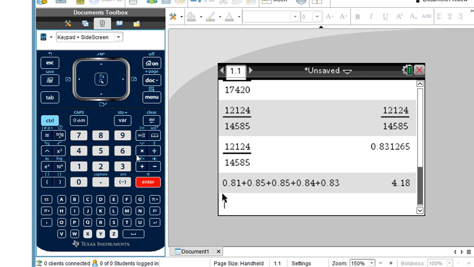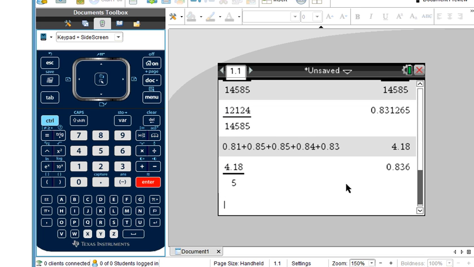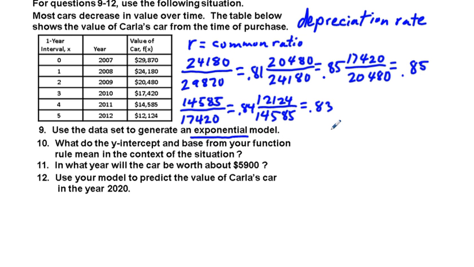So we get that value, and we're going to divide by the number we have, 5, to get an average. So 0.836. Now we just use 0.836. That'll be fine. So that'll be the value we put in our model. So our R is going to be 0.836.